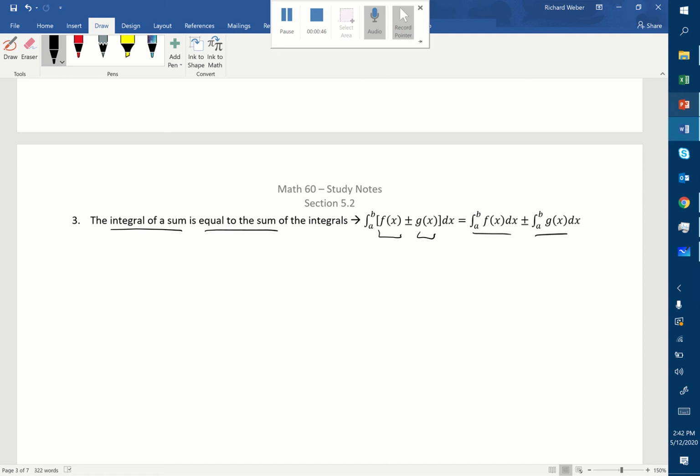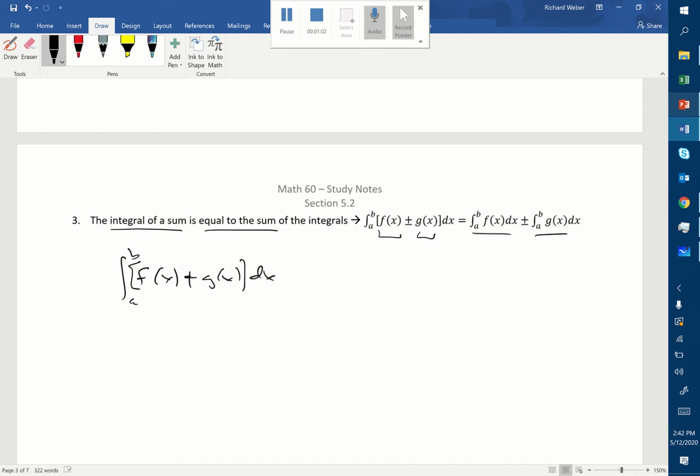I can do it generally. Okay, let's do it generally. Let's say we're looking at the integral from a to b of some function plus another function, like so.